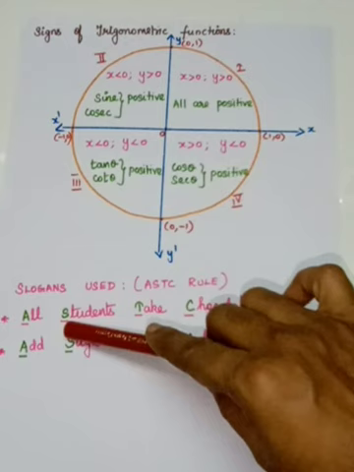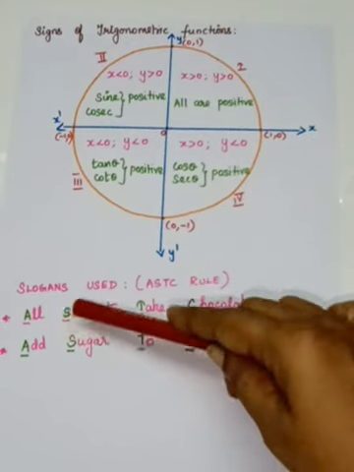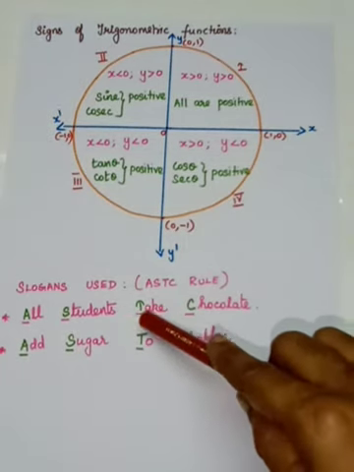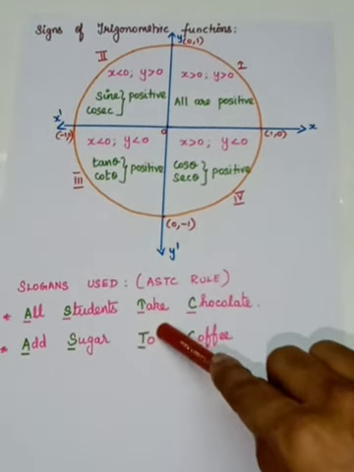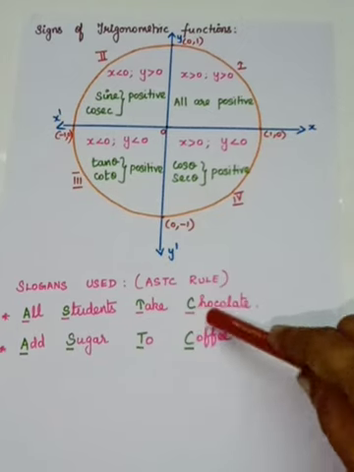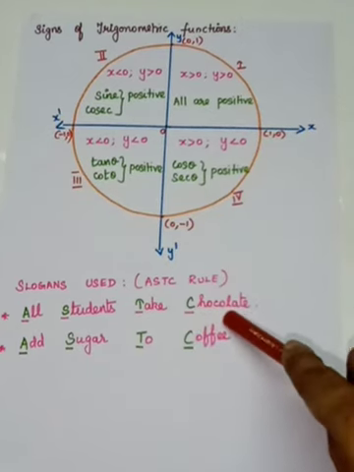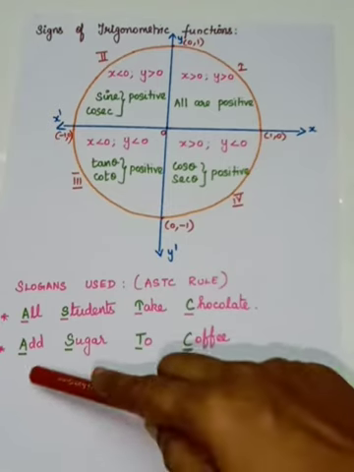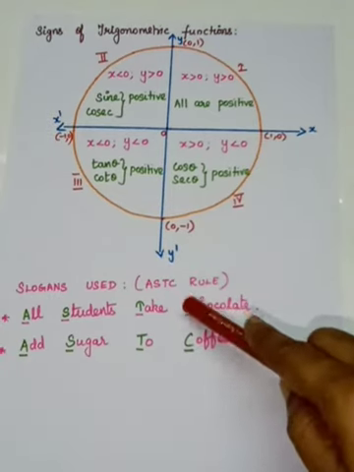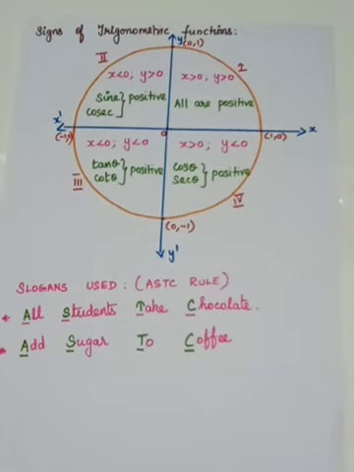Its reciprocal, not sine and secant, you should not take. Sine and cosecant are positive. And come to the third quadrant, tan and cot are positive. And C, what is C? C is nothing but cos. So cos theta and secant theta are positive. Or otherwise, add sugar to coffee. So using the ASTC rule you can very well remember the sign of the trigonometry function.